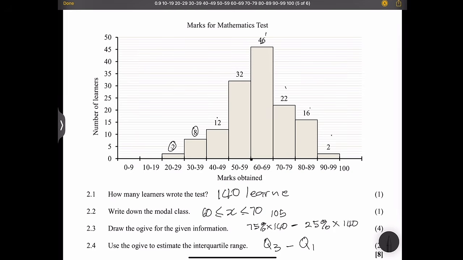So we're going to go to our ogive and find the corresponding value at 105, and we're also going to find, at 25%, that's 35.